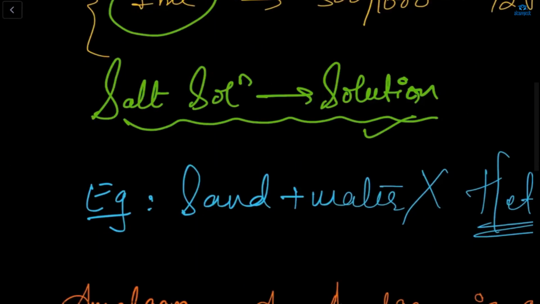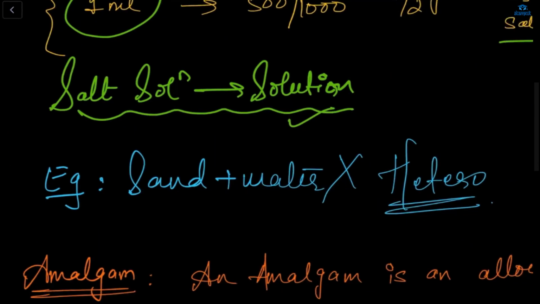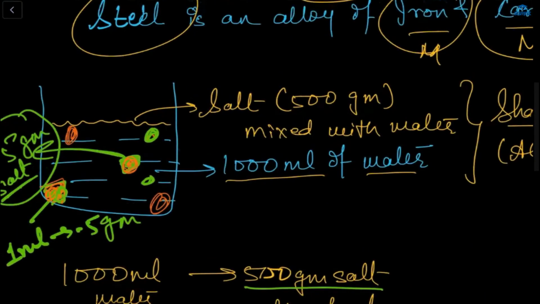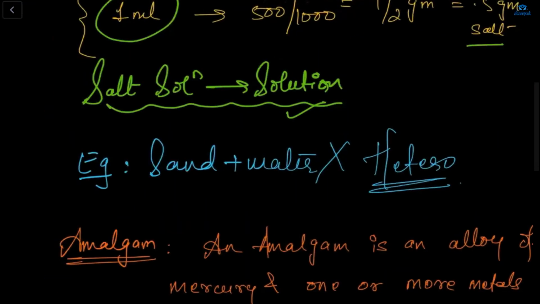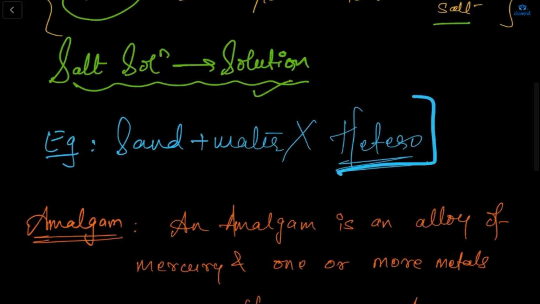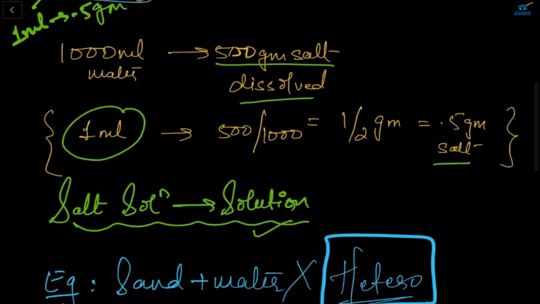Now, if I mix sand and water in the same beaker, what will happen? The amount of sand in one place, or in the corner, or on the side, will differ. Why? Because sand forms a heterogeneous mixture. It is not dissolving in the water, and oil and water is also a heterogeneous mixture.